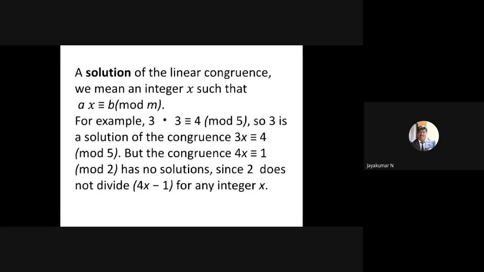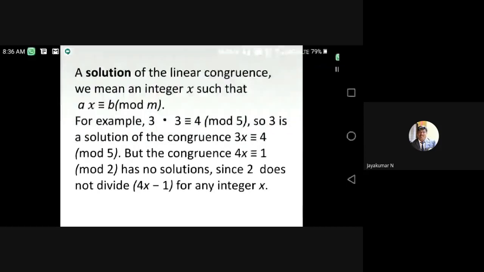Put x equal to 1: 4 minus 1 is 3, so 2 does not divide 3. Put x equal to 2: 8 minus 1 is 7, so 2 does not divide 7. So 4x congruent to 1 mod 2 has no solution, since 2 does not divide 4x minus 1 for any integer x.